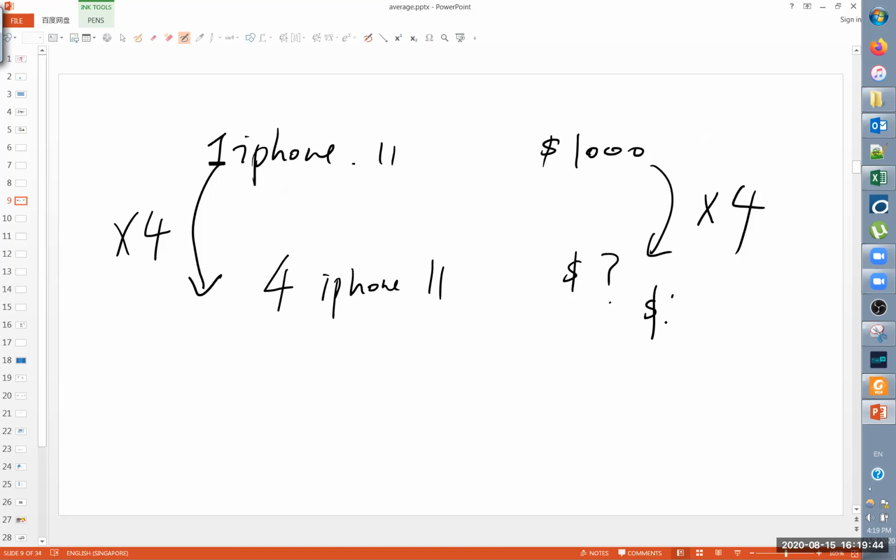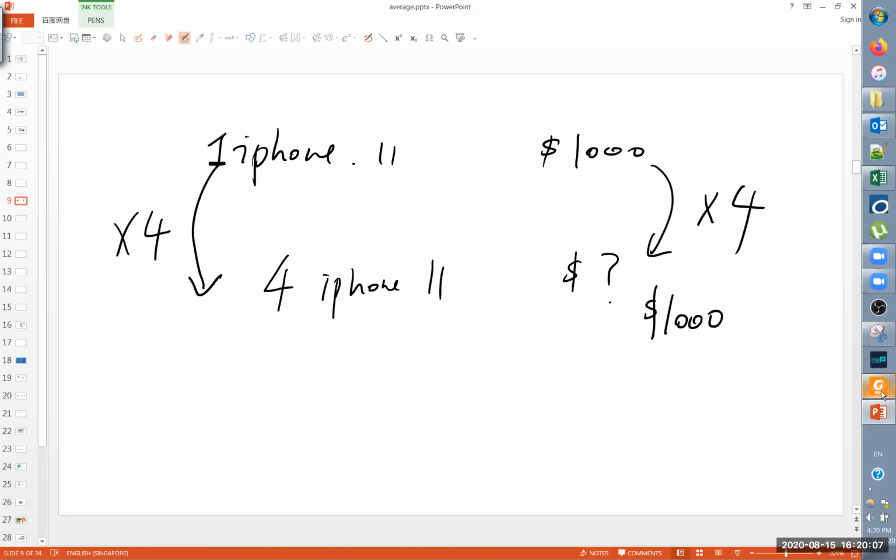Exactly. It's very intuitive. Proportionality means you times 4 here, you also times 4 here. If you divide by 4 here, you also divide by 4.